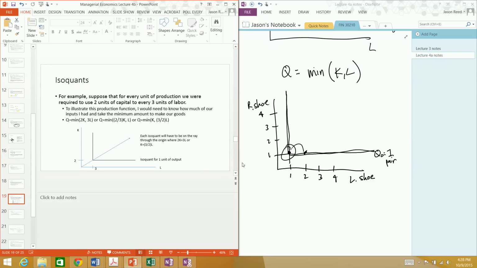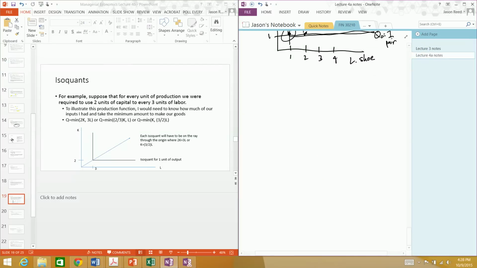So what is another example of this? Suppose that for every unit of production, we were required to use 2 units of capital to every 3 units of labor. To illustrate this production function, you would need to know how much of our inputs you had, and take the minimum to know how many goods you can make.